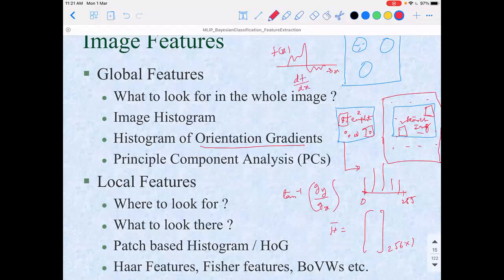In images, you will have a gradient in the x direction, gx, and a gradient in the y direction, gy. In our notation, we can write this as fx.